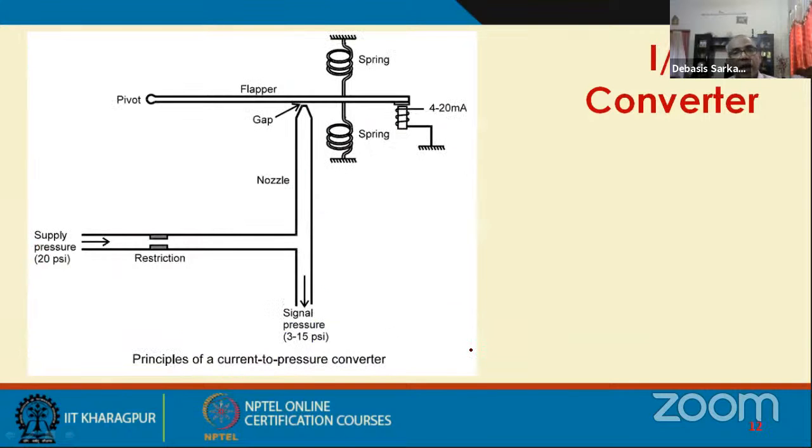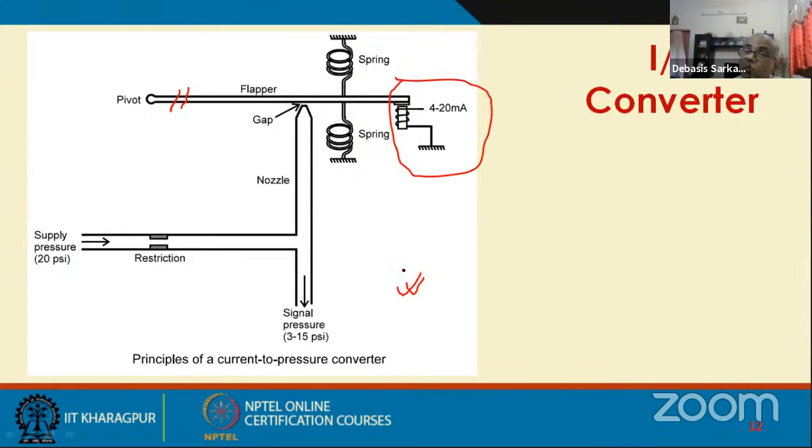Now, for an I to P converter, we can have this kind of mechanism. So this is the principle of a current to pressure converter. Again, this is the flapper nozzle system. This flapper is, let us say, spring restrained here.